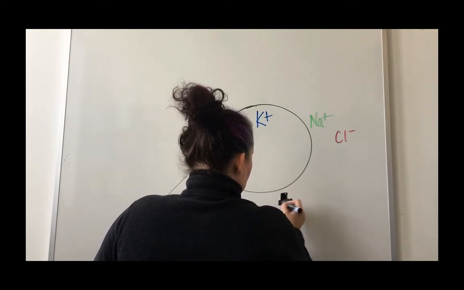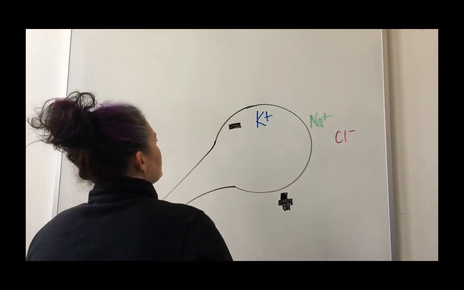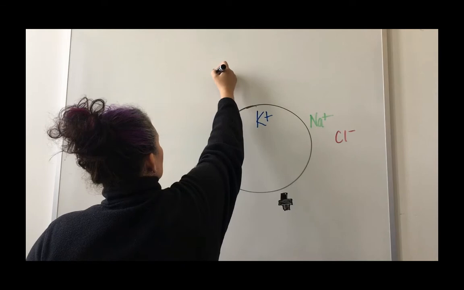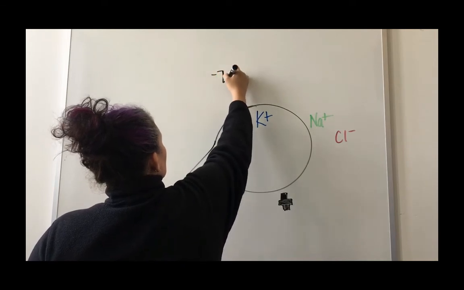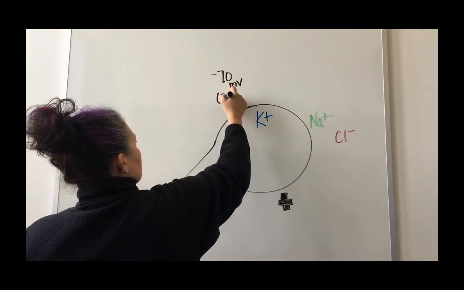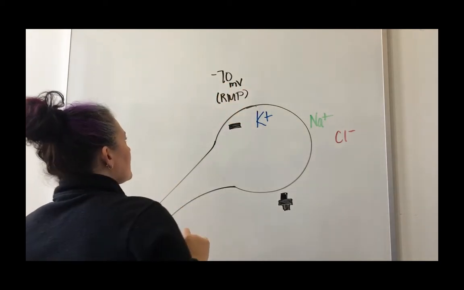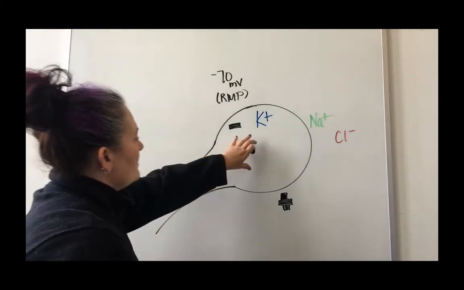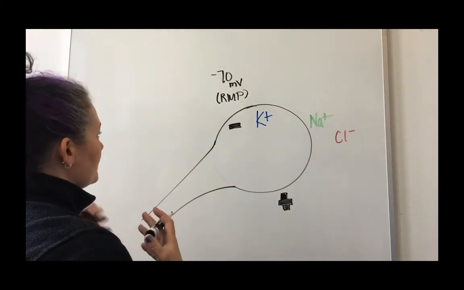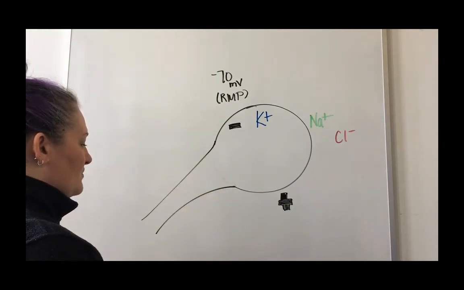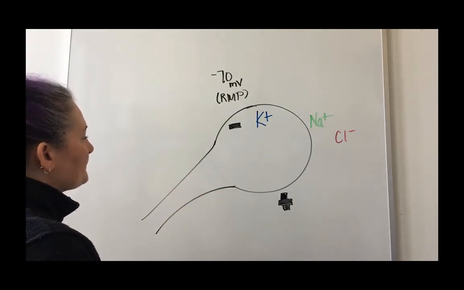And when there's nothing going on in the cell, the difference between them is negative 70 millivolts. That's what's called resting membrane potential. So what we're saying is when we compare the interior to the exterior, there is a difference that equals negative 70 millivolts worth of a potential to do work.